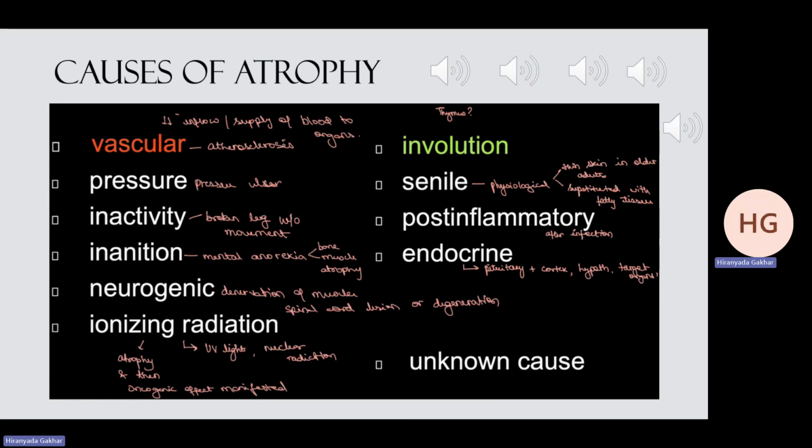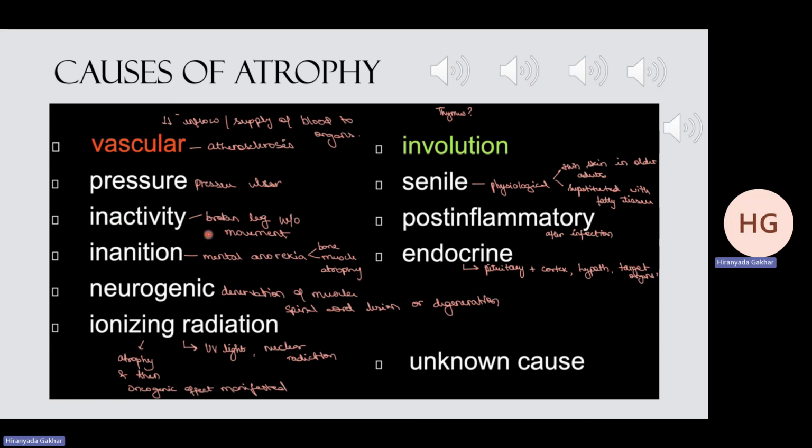When this happens, there is ischemia of the organ, which further leads to organ atrophy. In case of inactivity, this is also called the atrophy of disuse, which is caused by a decreased workload.